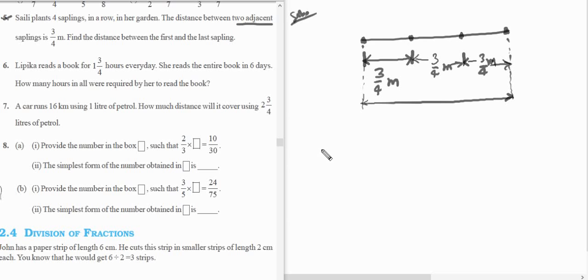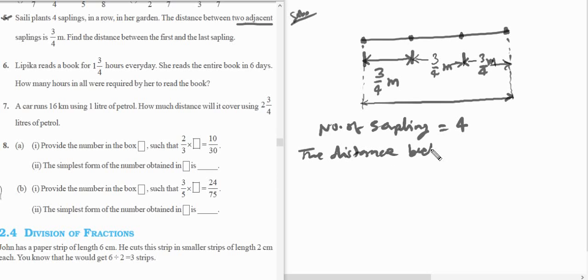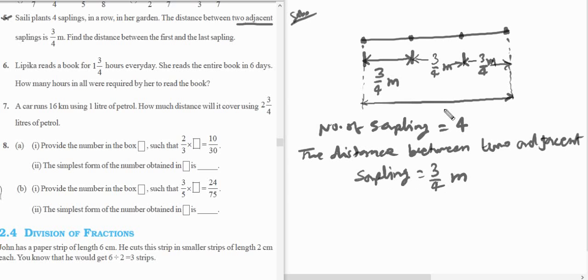So solution: number of saplings is 4, the distance between the two adjacent saplings is 3 by 4 meter, right, which is given in the question.